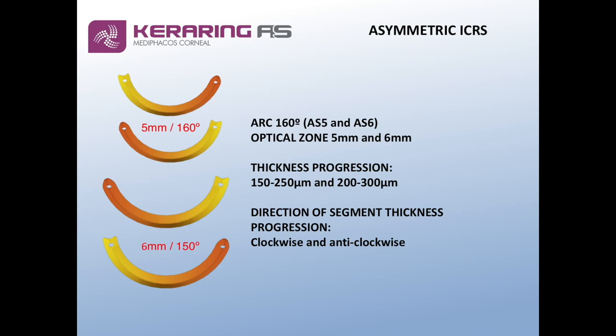What we have is the clockwise version that has an increase in thickness of the ring in the clockwise direction, and the anti-clockwise version that has an increase in thickness of the ring in contrast to the clockwise direction.